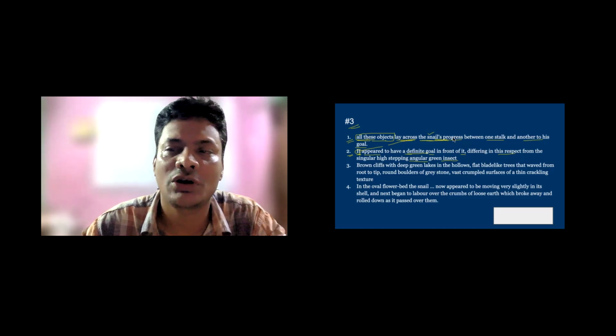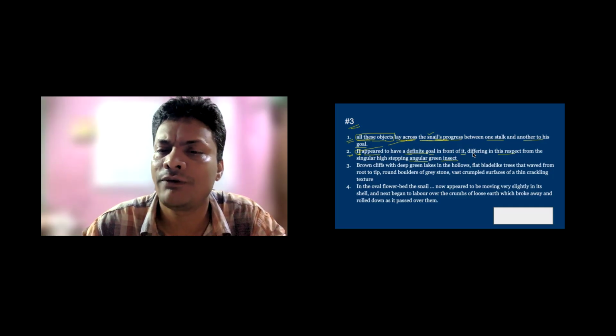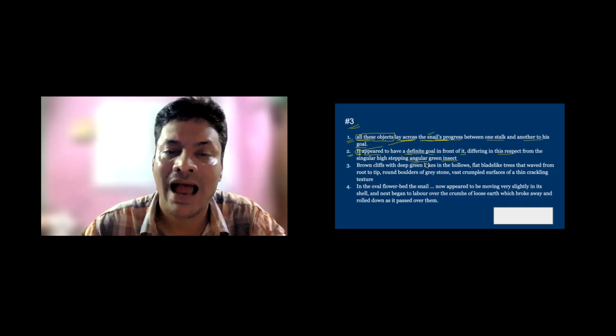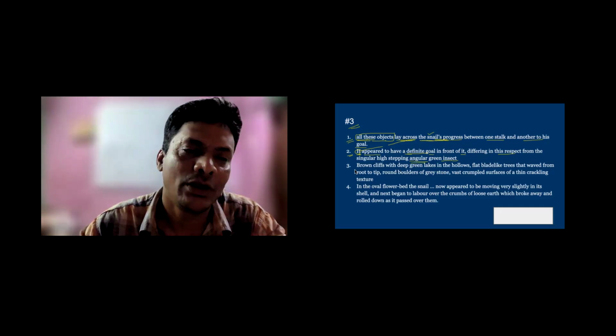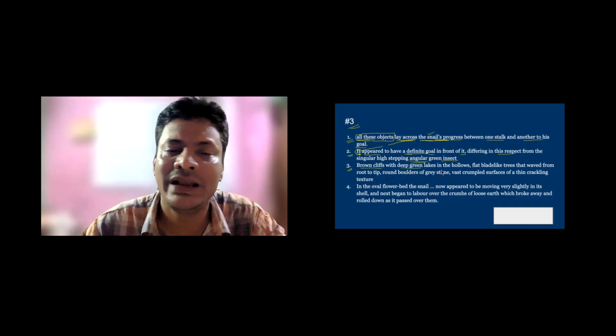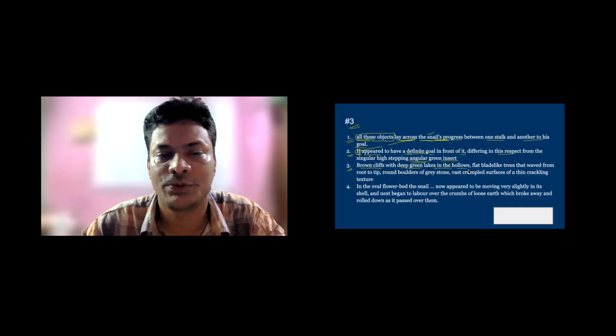So between one stalk and another to his goal. It appeared to have a definite goal in front of it, differing in this respect from the singular high-stepping angular green insect. Then the third one is stated: brown cliffs with the deep green lakes in the hollows.